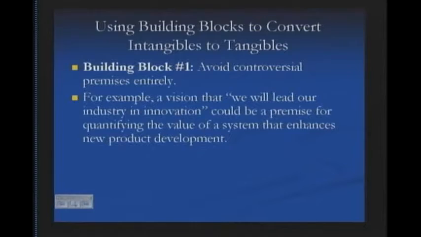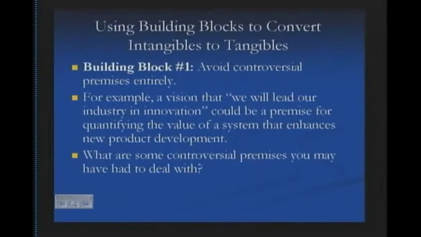That could be viewed by a lot of people as clearly an overstatement. And it might be better instead to use wording like, we will improve our ability to innovate, which will help us achieve a better competitive position in the industry. That would be less controversial.